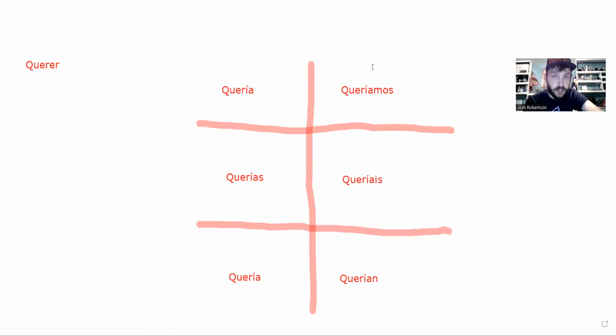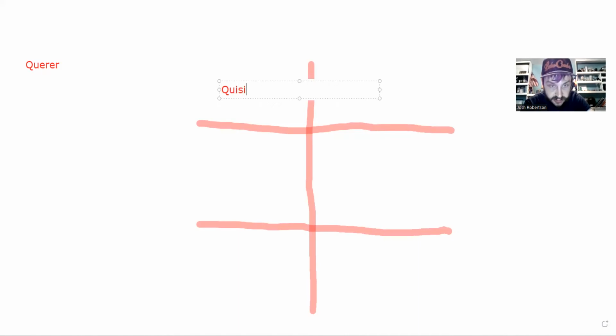Okay. Now, let us try the subjunctive imperfect. And I just want to do it the way we were taught to do it. So, yo quisiera. Tú quisieras. Él, ella y usted quisiera.